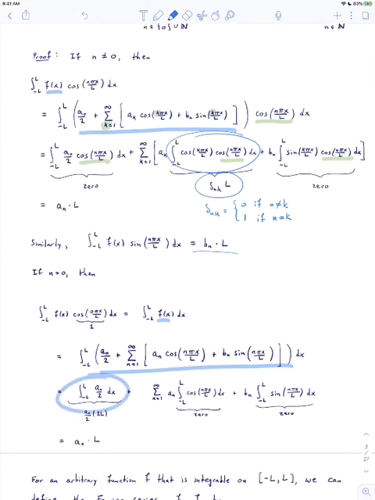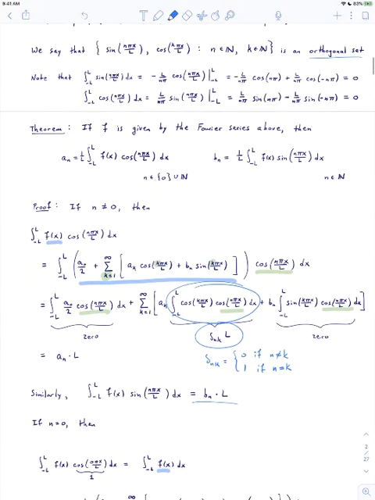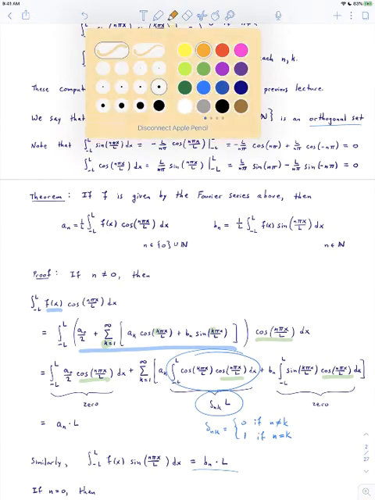and now we can just integrate each one of these terms. Here we're just integrating a0 over 2 from minus L to L, and here we're integrating cosine, here we're integrating sine. We've already established that if you integrate cosine n pi x over L, you get 0. And same with sine. That was right here.